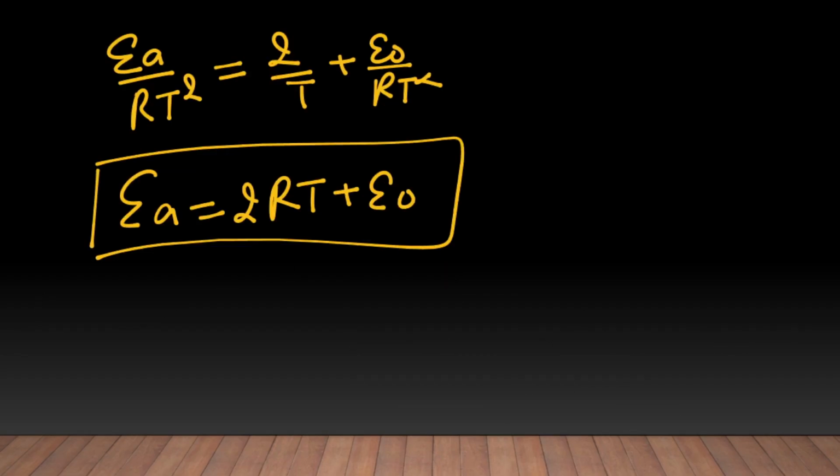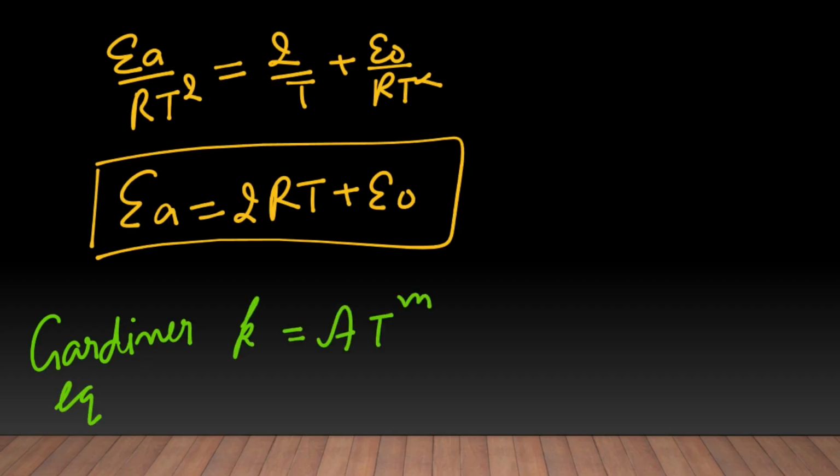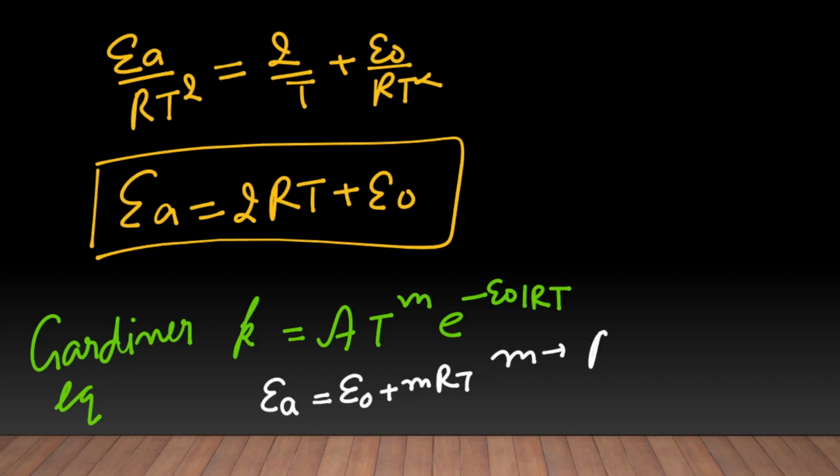But this is directly from your Gardiner equation, according to which rate constant k is equal to A T to the power of m, e raised to the power of minus E naught upon RT. After all the derivation that we have done so far, you will get the overall activation energy Ea equal to E naught plus mRT, where m is the power of T in the given rate constant.